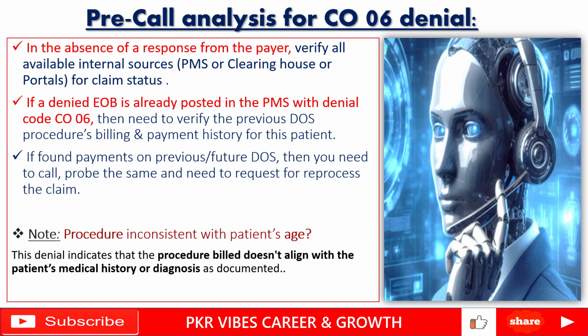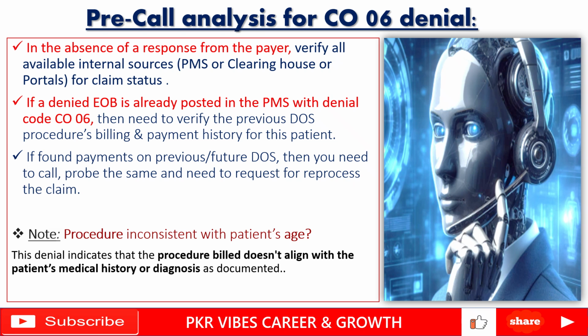Before that, we have to understand that for any denial in medical billing, if we are not getting any response from the payer, our job is to verify all available internal sources for the claim status. So what are the available sources? The doctor's internal software, also called billing software, or practice management system, PMS. We should also verify our internal clearinghouse.